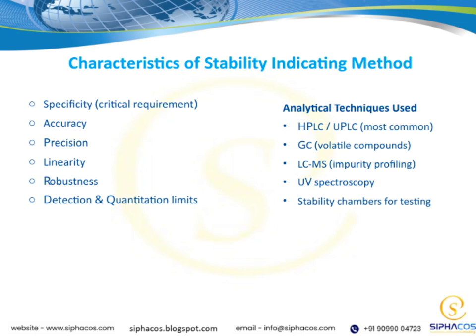Robustness tests how well the method withstands small variations in experimental conditions, maintaining consistent results. Lastly, detection and quantitation limits define the smallest amount of analyte that can be reliably detected or measured, which is fundamental for sensitive analysis. Altogether, these techniques and characteristics form the backbone of our stability testing, ensuring that our products meet quality standards throughout their shelf life.